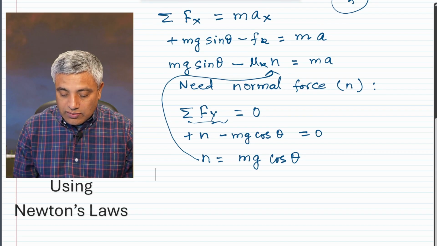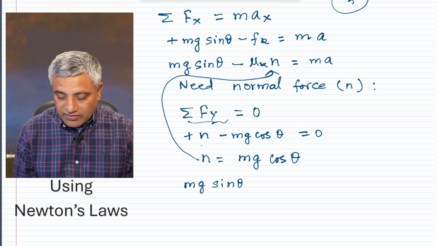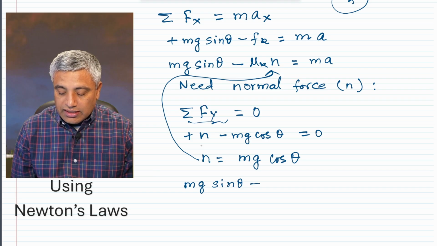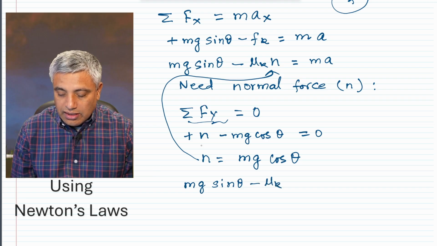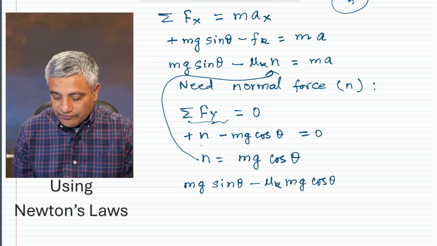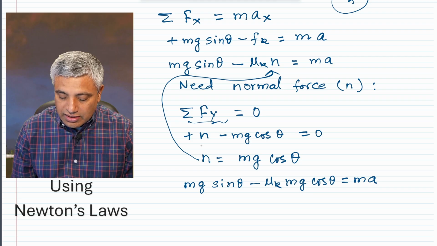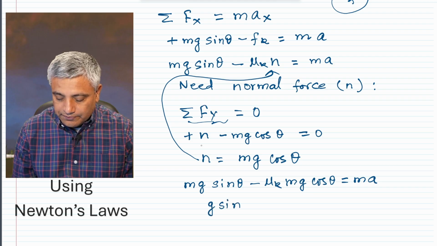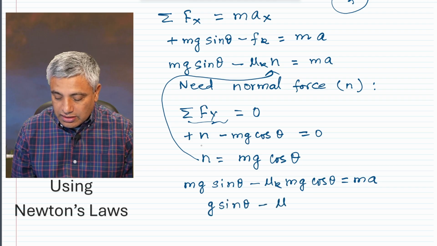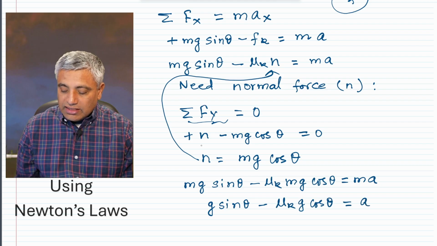So let's copy that whole equation. mg sine theta, and negative sign, and mu k times n, and n is what we found, which is mg cosine theta, is equal to mass times acceleration. Mass is everywhere, so mass is going to cancel, giving us simply g sine theta minus friction coefficient times g cosine theta as acceleration. So that is the acceleration.